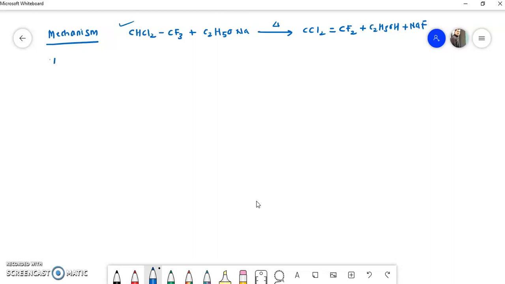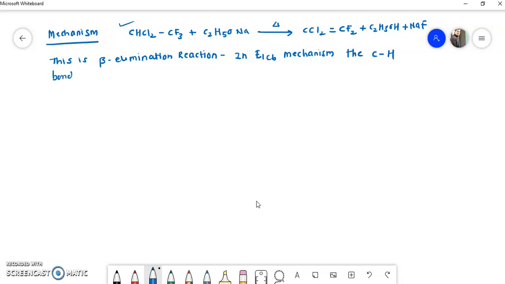Now we know that this is a beta elimination reaction. And in previous videos we have seen that in the E1CB mechanism, the C-H bond breaks first and then the C-X bond breaks.